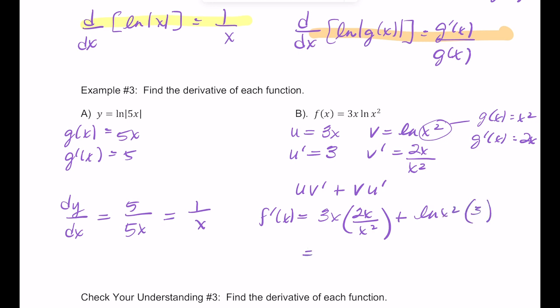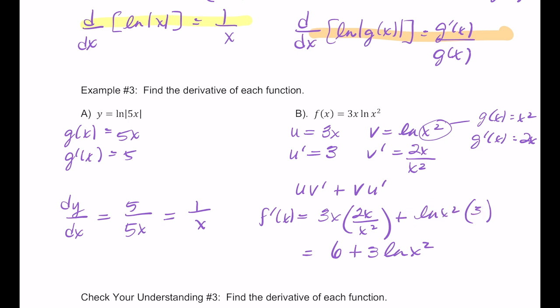So now if I multiply these two expressions together, I would get 6x squared over x squared, which just turns into 6. And then I have plus 3 times the natural log of x squared. Remember, you can't multiply these two things together because you're taking the natural log of x squared. X squared is the argument. It's 3 times this.